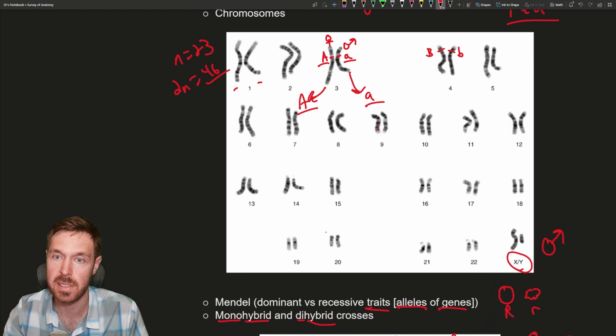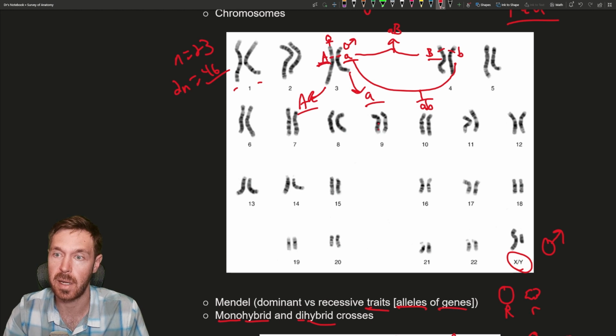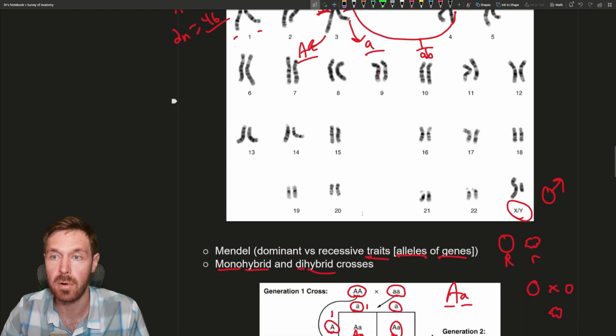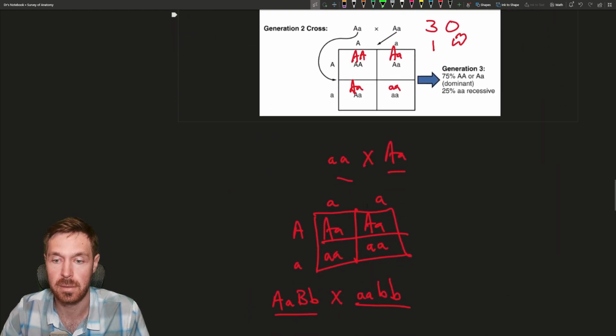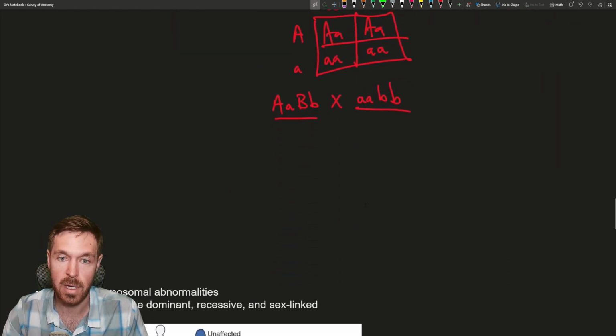When you form these gametes, this A and this B could be together, and then you would have big A, big B, like that. Or this A could be with this one when that gamete forms, and that one would be little a, little b. Or you could do big A, little b, or little a, big B. So you have four possible gametes that can form. So here, when you write this out, I always do it as FOIL method.